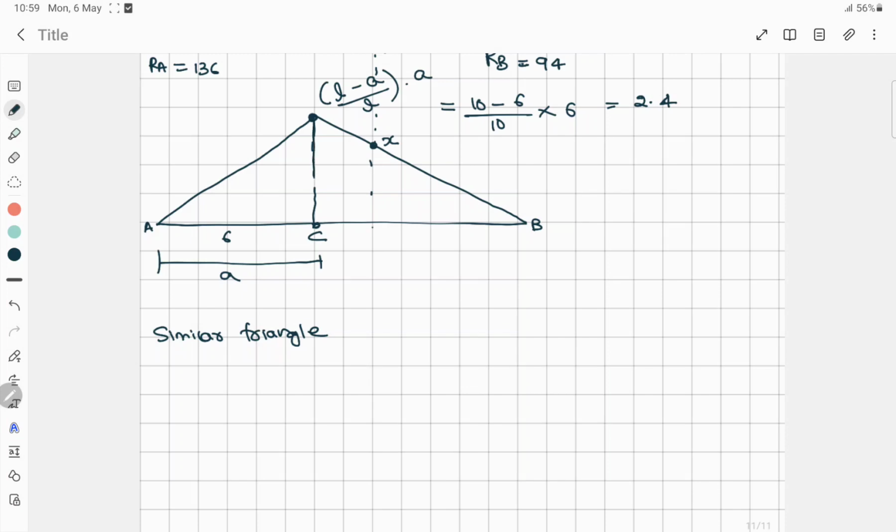So this is the big triangle, and the value is 2.4, so 2.4 divided by the whole length, that is 4 meter, is equal to x divided by 2, since from x to B the distance is 2. So we can get the value of x from this, that is 1.2.